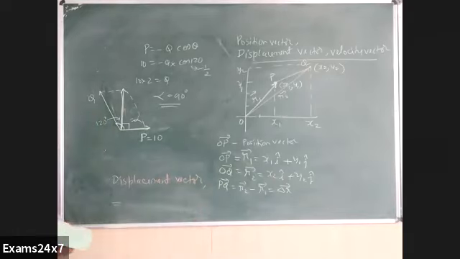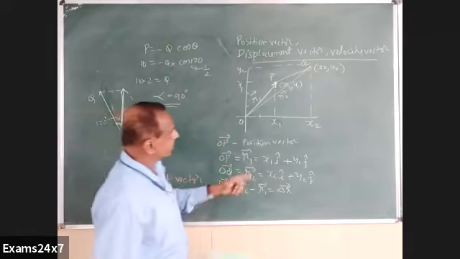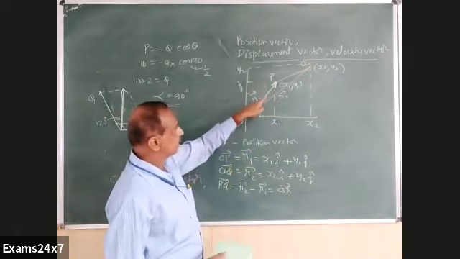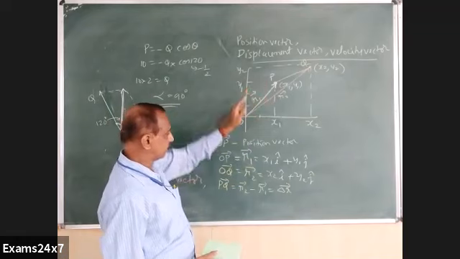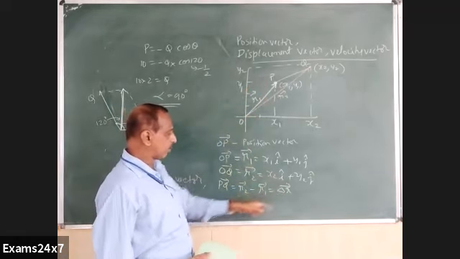Delta R plus R1 becomes R2. R2 minus R1 is delta R, or delta R plus R1 becomes R2.